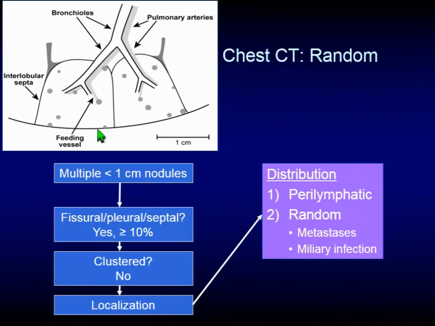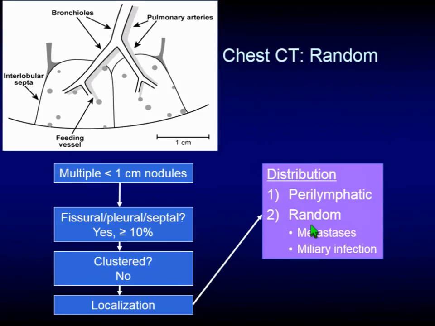Yeah, you have a few on the pleura, a few on the septa, a few along the peribronchovascular lymphatics. But then you have other nodules that are just kind of floating in space within that secondary pulmonary lobule. When you see this distribution involving the perilymphatic surface a bit, and you can't place some of these nodules, this is what we describe as a random pattern.